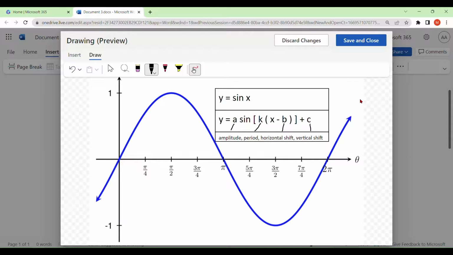So trigonometry is split into graphs: sine, cos, and tan graph. Let's talk about the y is equal to sine x, or sine graph.